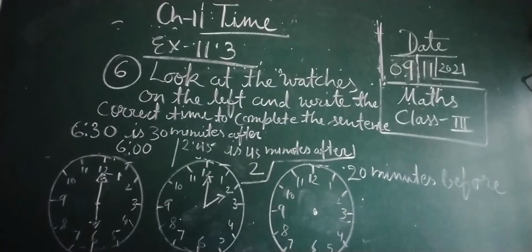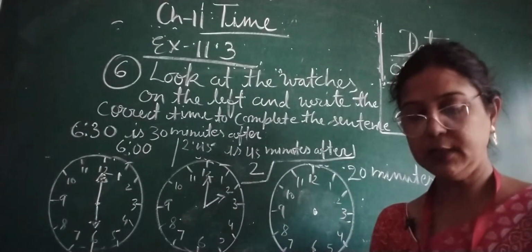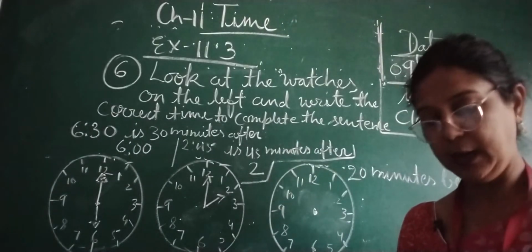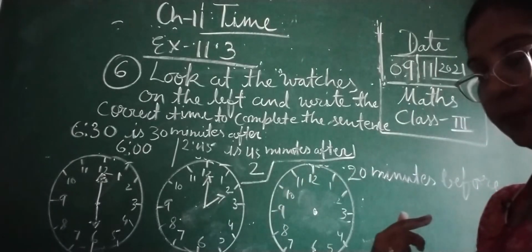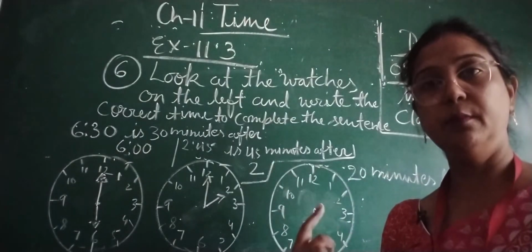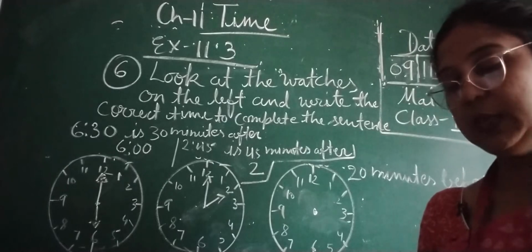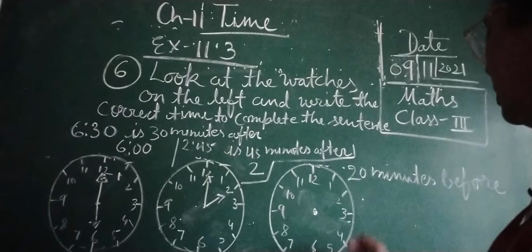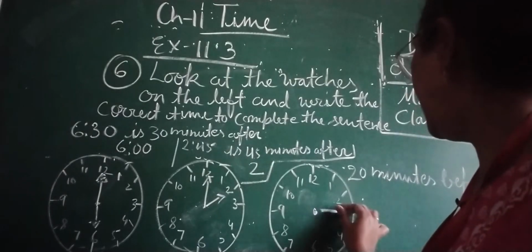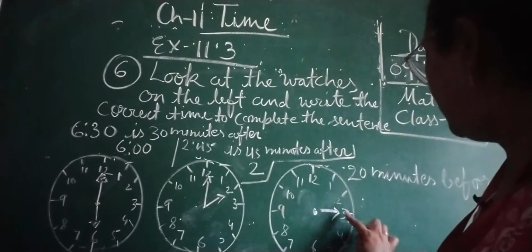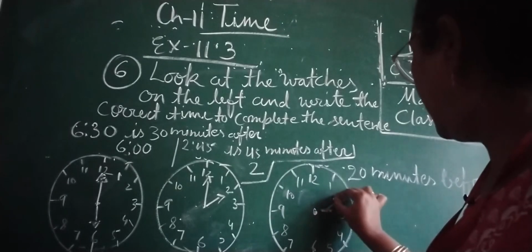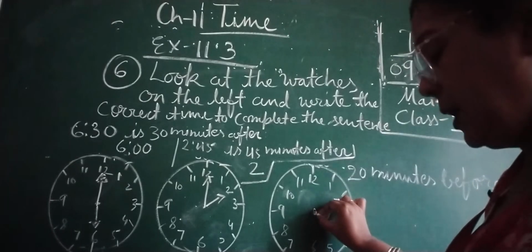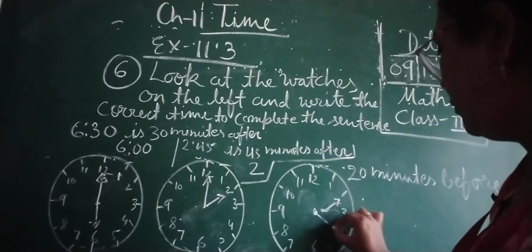The shorter hand is in between 2 and 3 and the bigger hand is at 8. So we come back to the actual one: we see 10 and this is 4. Now our shorter hand will be at 3 and the bigger hand is at 4.